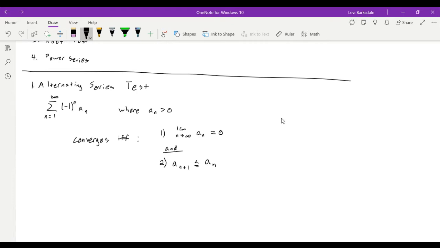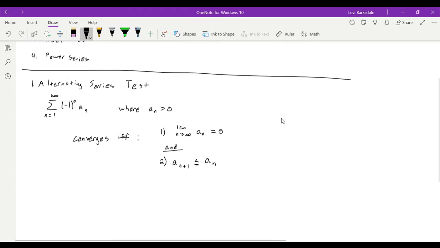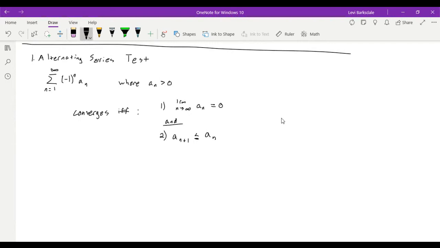It could be equal to, but it cannot be greater than. So we'll do a quick example. And if both of these conditions are met, your series converges. If they are not met, then your series will diverge. So let's take an example.